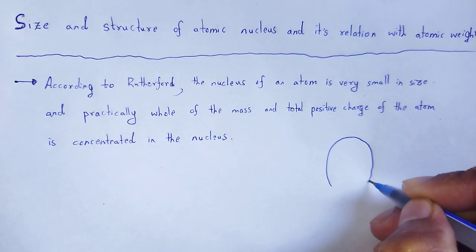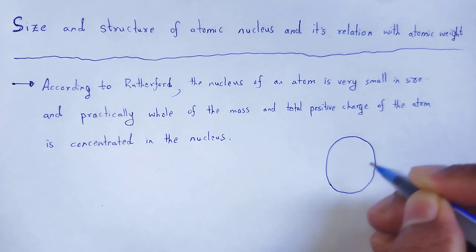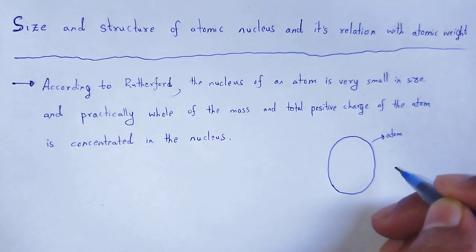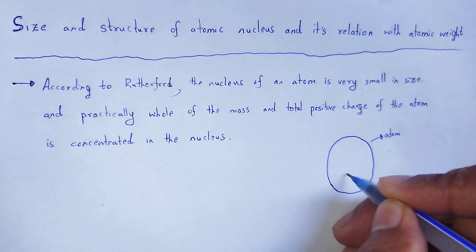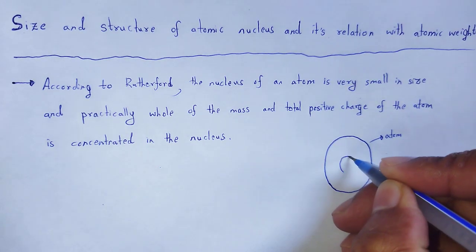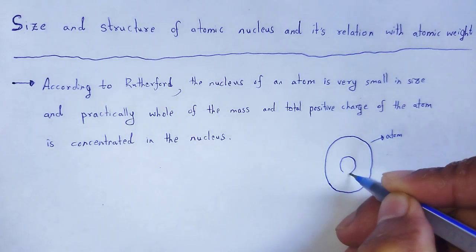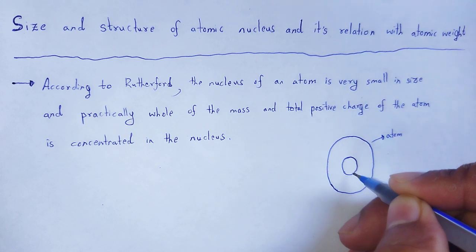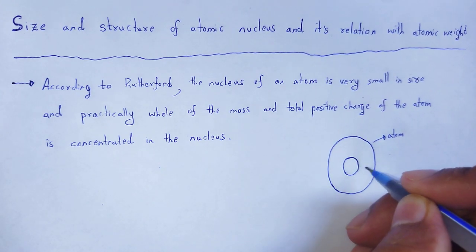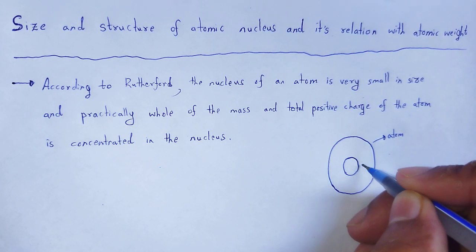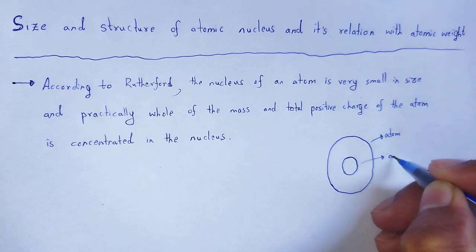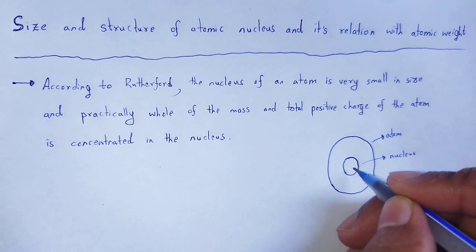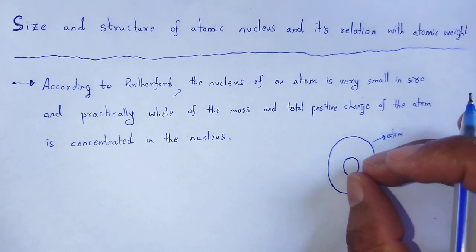If we consider that to be the atom, inside that atom, in a very tiny portion which is very small in comparison to the atom, that is called the nucleus, in which all the mass of the atom is concentrated.